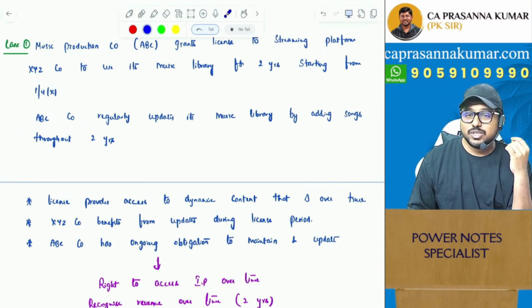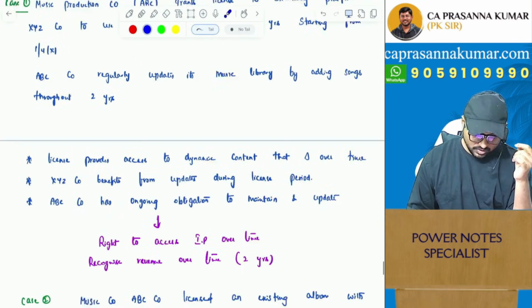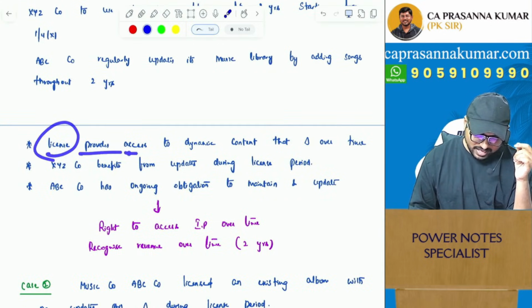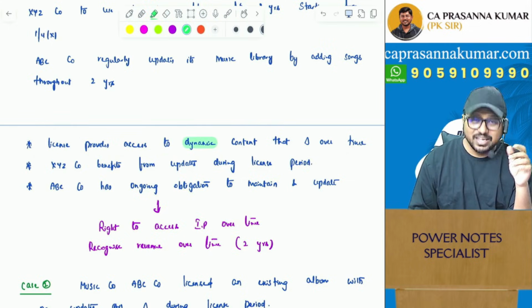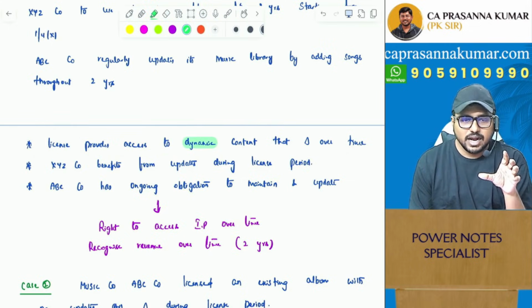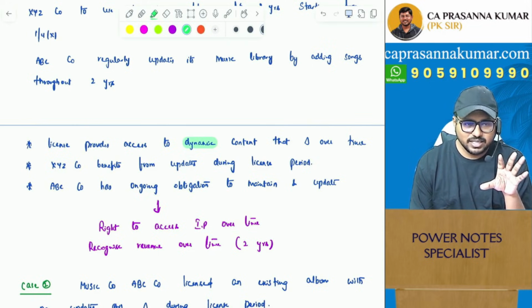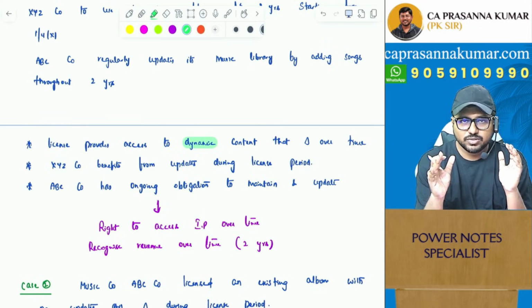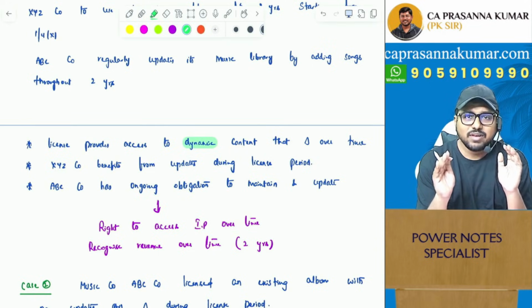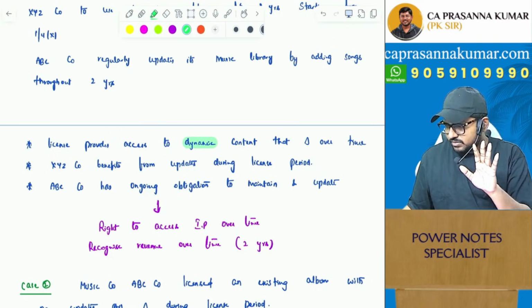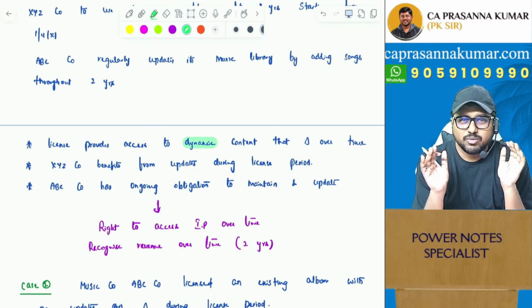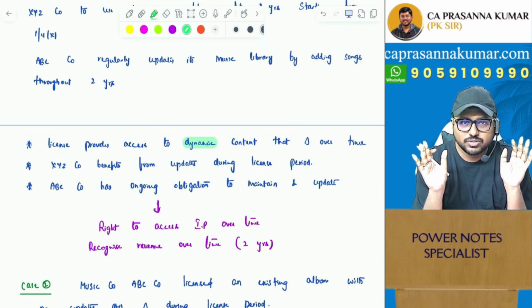So, this is where we use the term right to access. This license provides access to dynamic content. Focus on the word dynamic. Dynamic means exactly opposite to static. Static means when I provide you a license at that particular point in time, let's say I've got 100 songs, so you have a license to use those 100 songs. That's all. Only those 100 songs you can use.